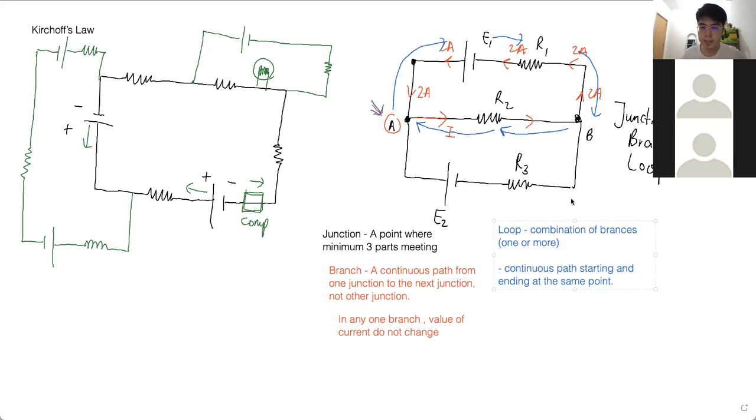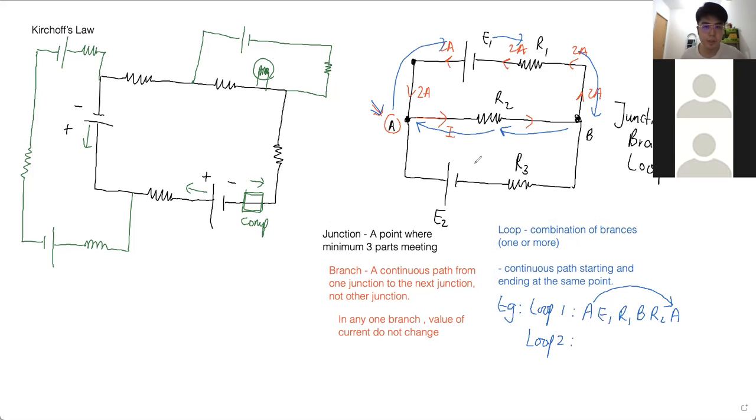Okay, so one of the examples we have just talked about. First is loop 1: A, E1, R1, B, R2 and then back to A. I go from here and come back to the same A. This is one loop. How many loops are there? Another loop, loop 2.